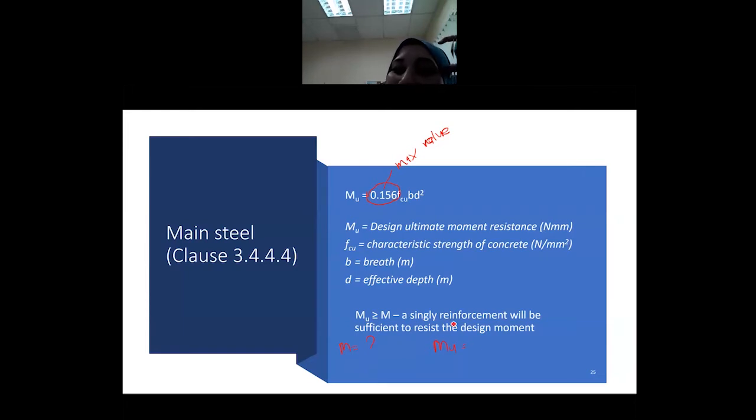Okay, so this value adalah maximum. So M yang you calculated earlier, must not exceed ultimate moment resistance. Tak boleh. So M mesti less than MU, sebab ini adalah ultimate yang boleh resist. Dia boleh resist sebanyak ni sahaja, sebanyak value yang you dapat MU ni.